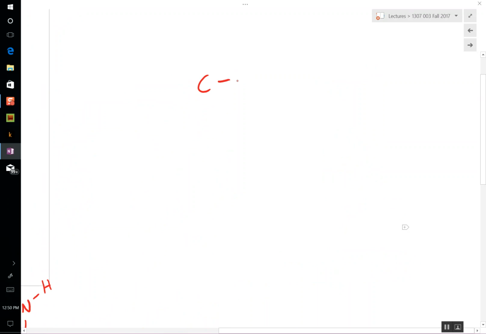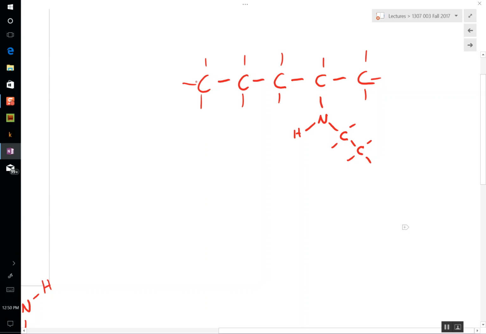So let's take a chain here, just something like this. Let's put in an amine right here, and let's put an ethyl group right here. So we got an ethyl group right there. Go ahead and name that molecule. This isn't aniline.